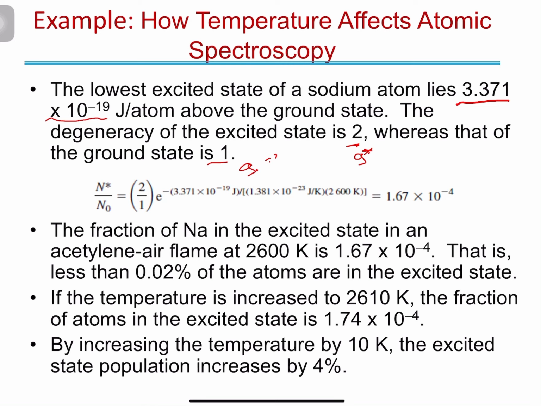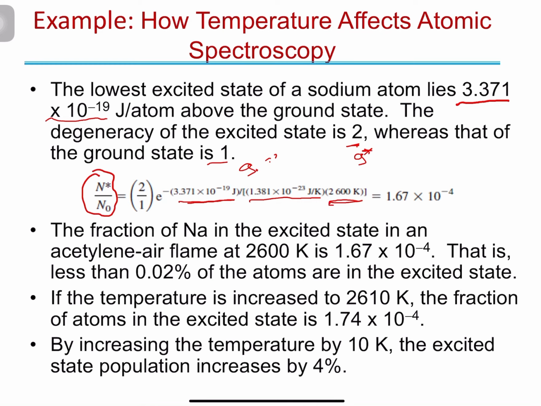Now, using the Boltzmann distribution, we find that the ratio of atoms in the excited state over the ground state equals 2 over 1, which is G star over G naught, times the exponential of minus delta E over the Boltzmann constant times the temperature, which is 2600 Kelvin.